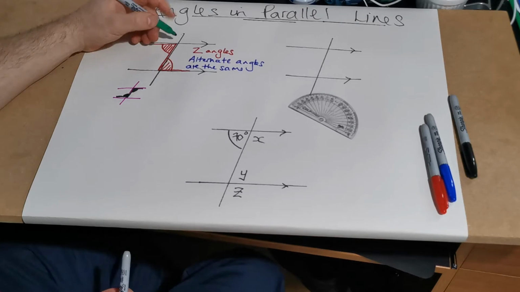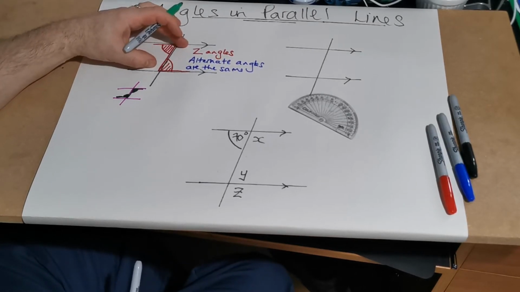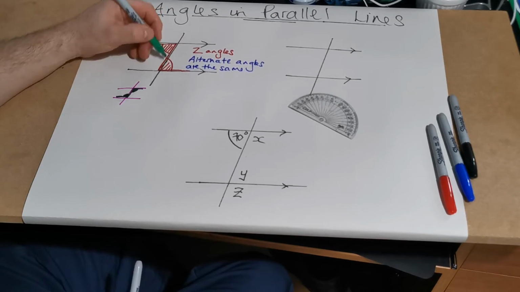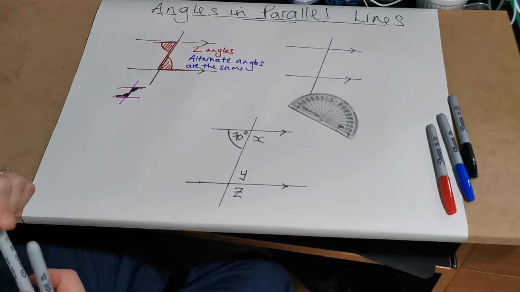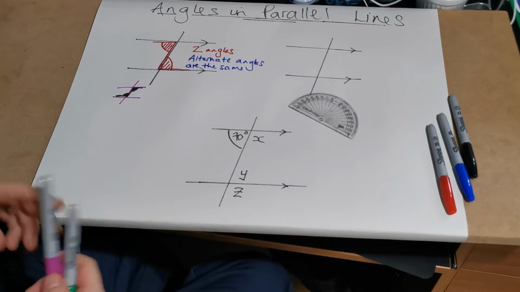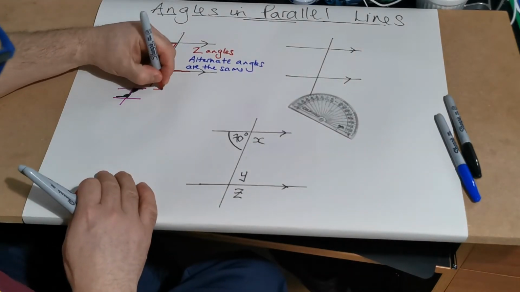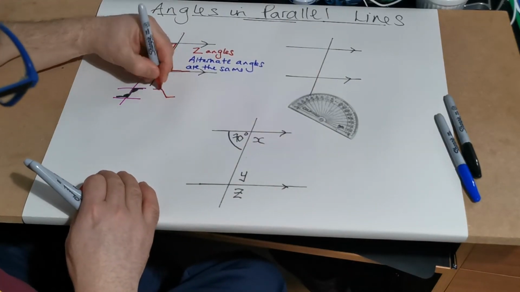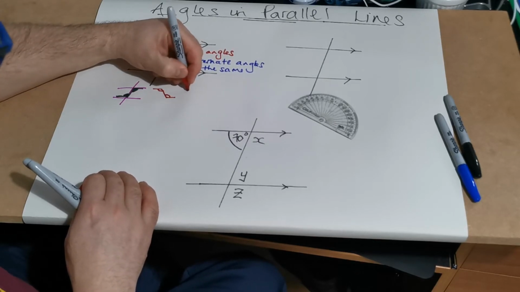So it doesn't matter whether you're discussing the acute angles or the obtuse angles, as long as they're on either side of the line, they are alternate angles. So it doesn't really matter how it presents itself. I mean, you could have situations like that, but alternate sides of the lines are going to be the same.